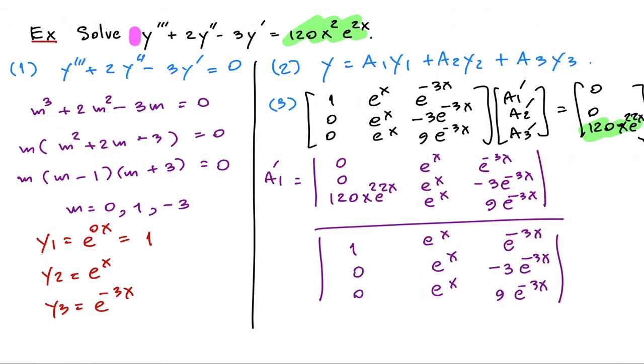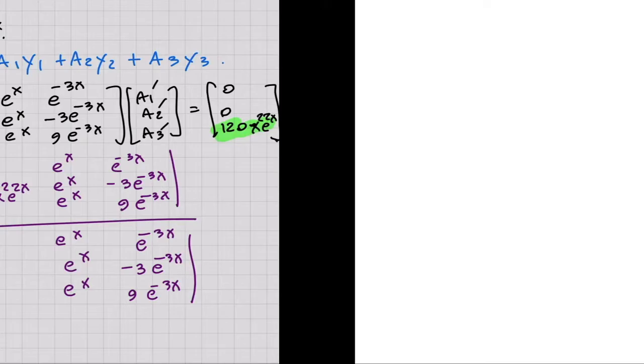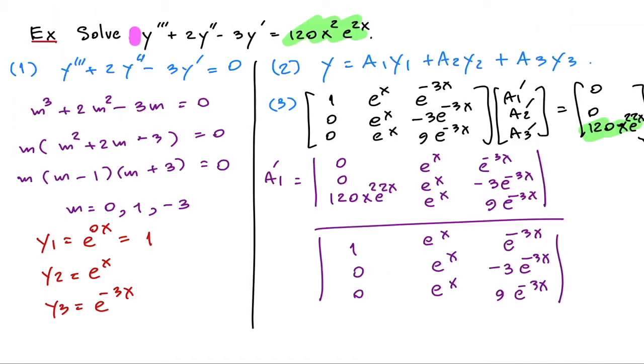So we have y1 a1 prime equals, here it would be, what is it, 0. Here we have 120 times 3, 360.